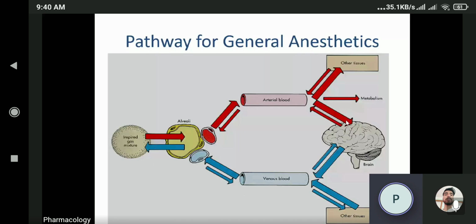When the inhalational agents are withdrawn, the same path is followed. Okay, so from the brain the withdrawal will occur into the venous blood, and from the venous blood they will enter the alveoli, and along with the expired gas mixture they will be thrown out. Okay, so this is how it goes.